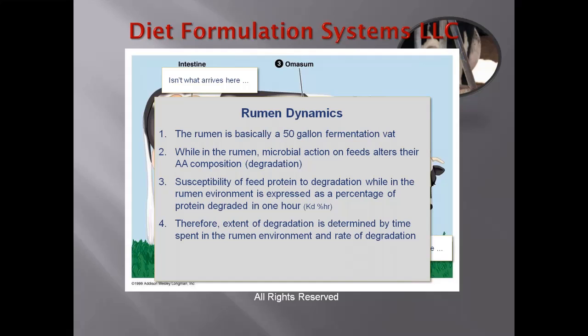The extent of degradation of feed protein is determined by the time spent in the rumen and the rate of degradation. And rumen dwell time is determined by the rate of passage through the rumen. So this is time sensitive too. We've got a degradation rate per hour, and we've got a passage rate per hour.